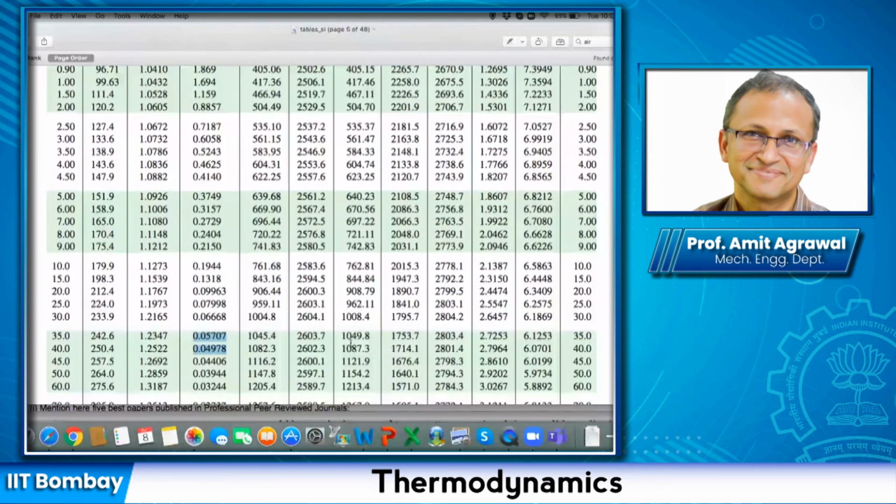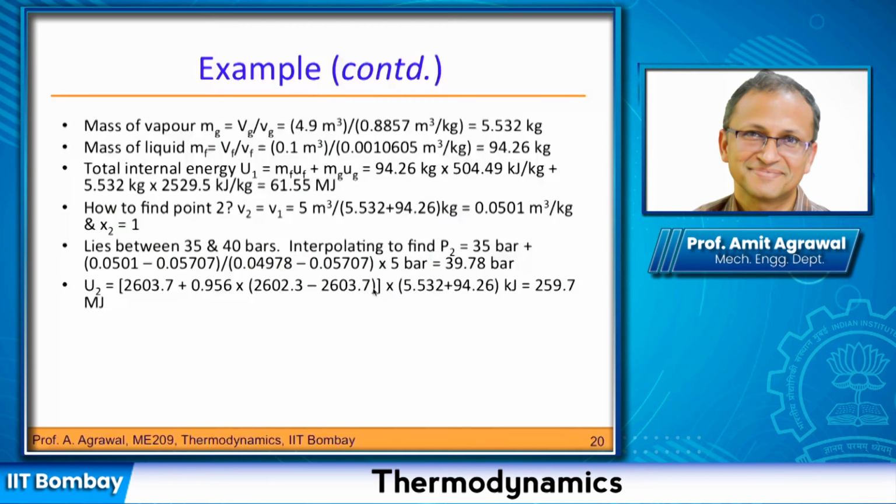So UG at these two levels I have taken, and I have used the interpolation now because I know what is the volume I need to have. So essentially this ratio turns out to be something like 0.956. These are linear interpolations. I'm sure you can do that. And anyway, hopefully the worked out example is already given, so hopefully there is no mistake here.